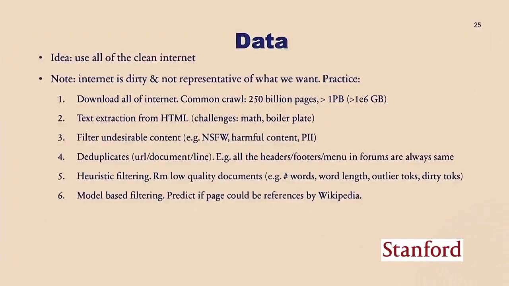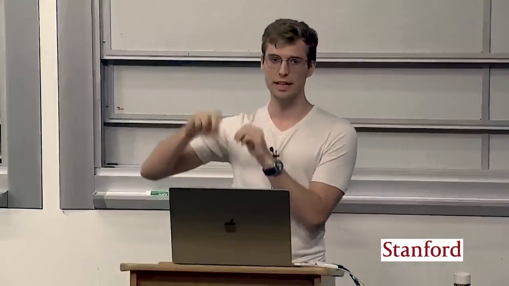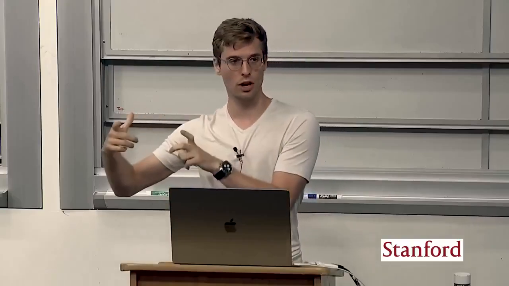Next step, model-based filtering. So once you filtered a lot of data, what you will do is actually a very cute trick. You will take all of Wikipedia and look at all the links that are linked through Wikipedia pages. Because if something is referenced by Wikipedia, it's probably a high quality website. And you will train a classifier to predict whether a document comes from one of these references from Wikipedia or whether it's from the random web.